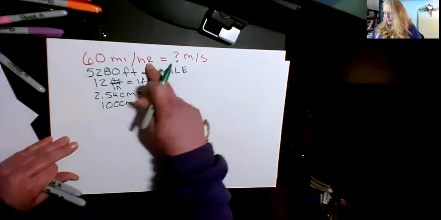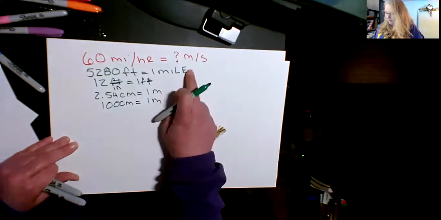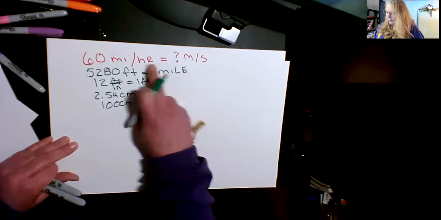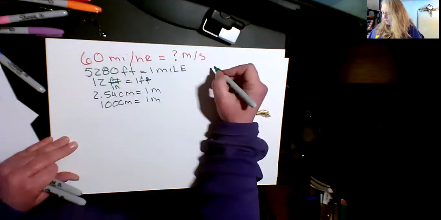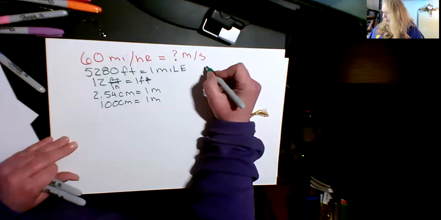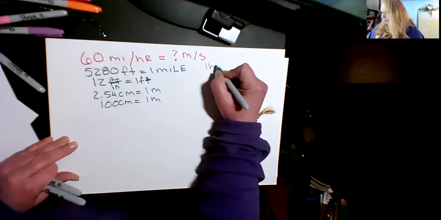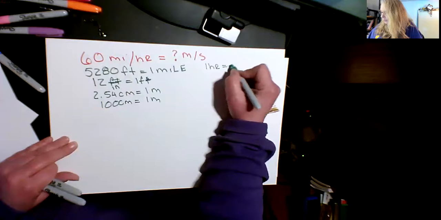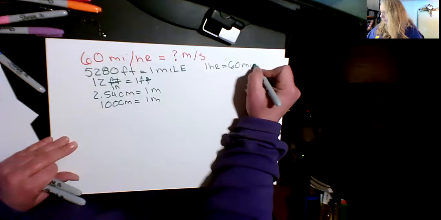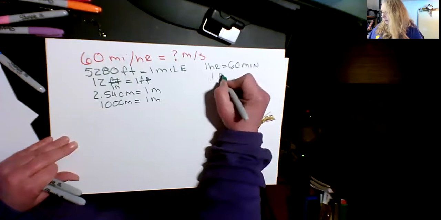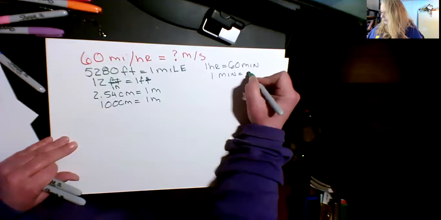That'll get me into my meters. The only other thing I have to worry about is hours to seconds. So 1 hour equals 60 minutes, and 1 minute equals 60 seconds.